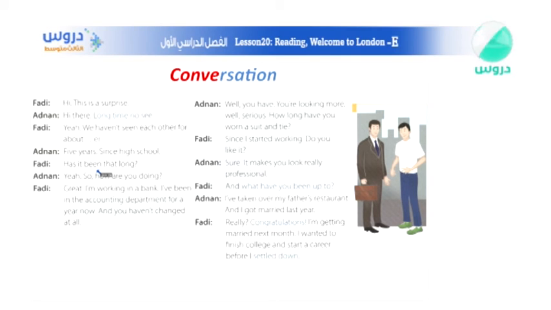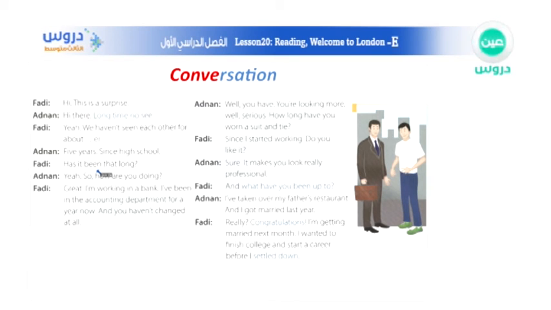Anyway, another question. Do you know when we use for with time expressions? For example, I haven't seen Ahmed for 3 years. Again, I mean the word for, okay?